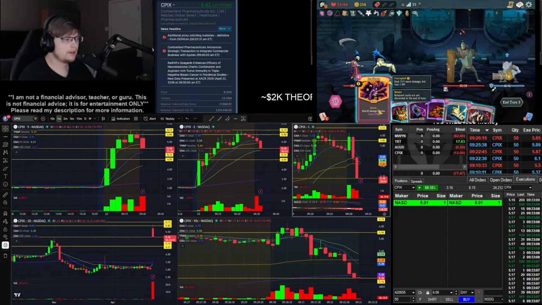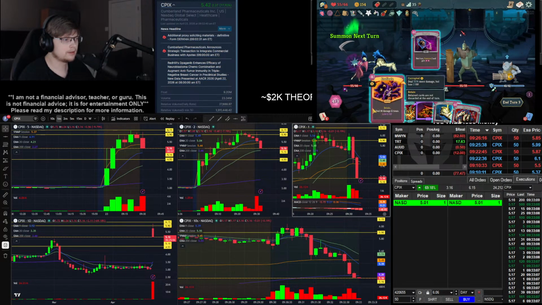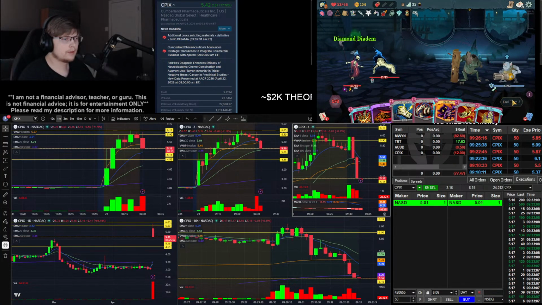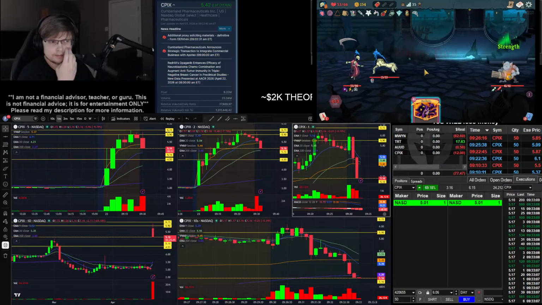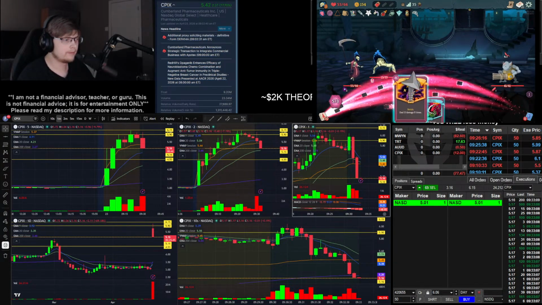So how much damage do I need? I need at least 4 times, so I can spend 1 mana doing something and still kill this guy. And so now this guy doesn't have armor, so now I can just kill him.